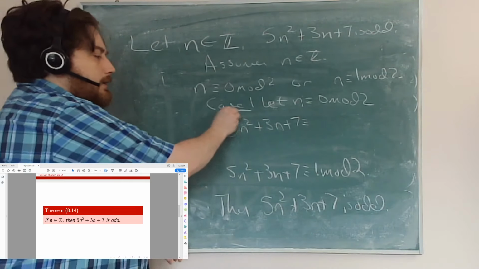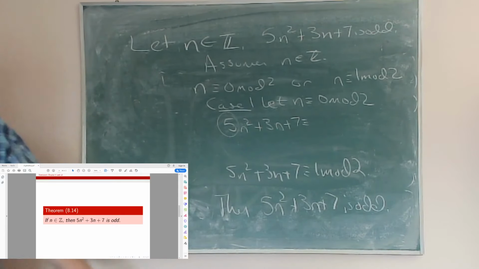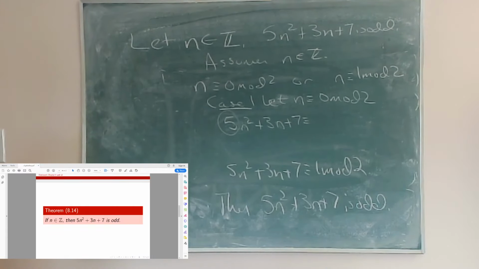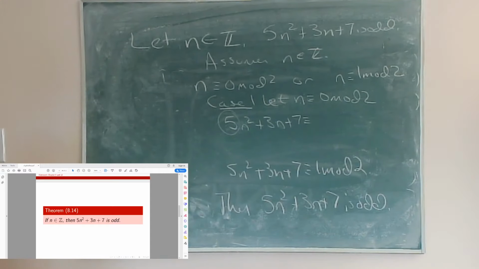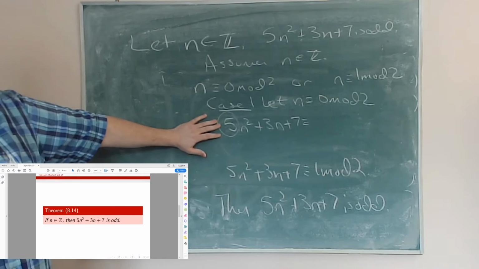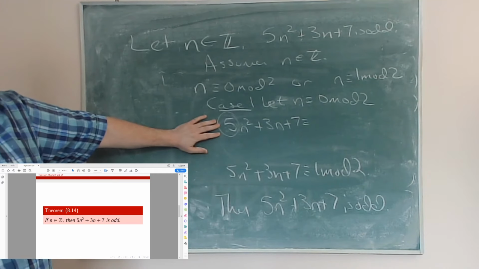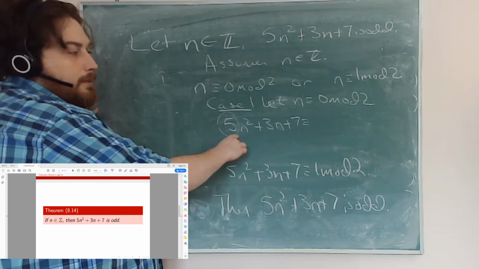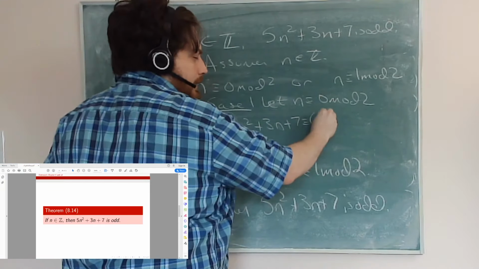So maybe you guys can help me out here. What is 5 congruent to mod 2? Well, if I take 5 and divide by 2, I get 2 times 2 is 4 plus 1. So 5 mod 2 is just 1. So what I can do is if I'm doing modular arithmetic, I can replace the 5 with the 1.